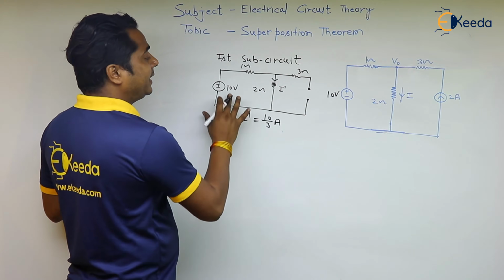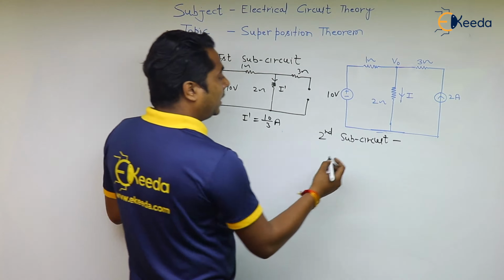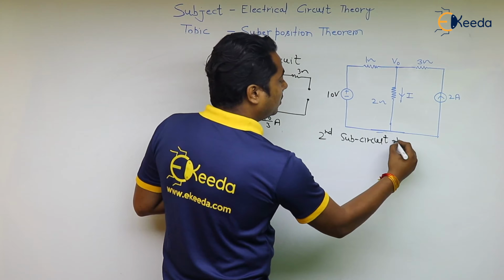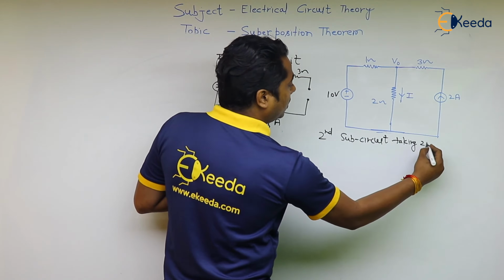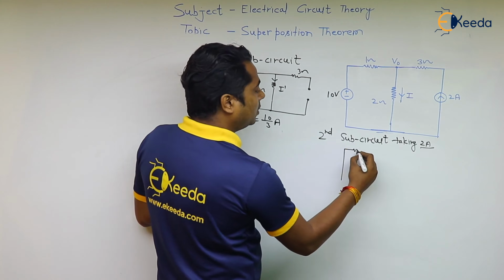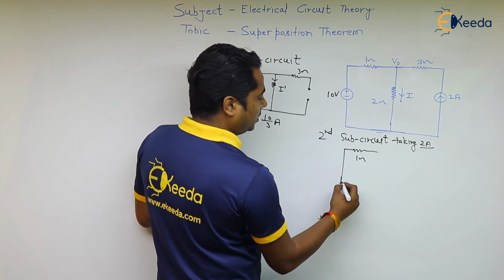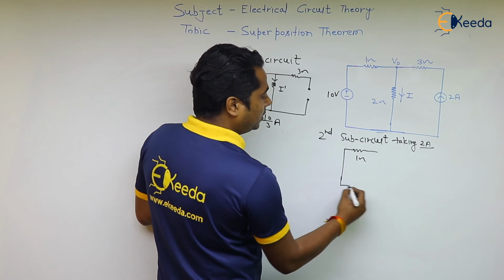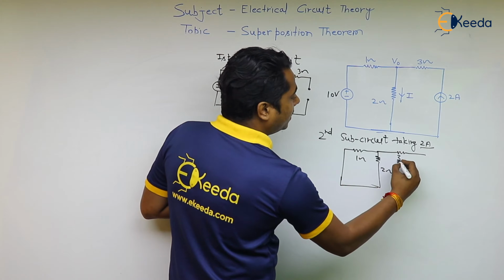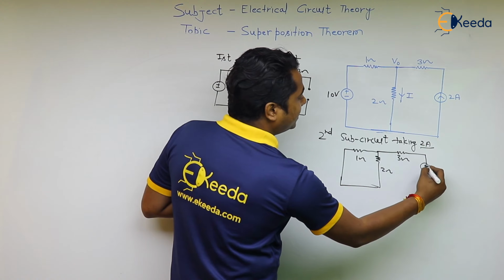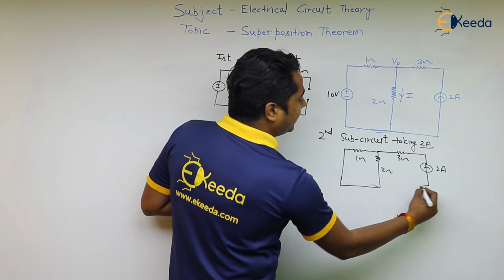Now the second sub circuit, taking the 2 ampere source. If we take the 2 ampere source, then this voltage source will be short circuited. This is 1 ohm, this is 2 ohm, this is 3 ohm, and this time we have considered the 2 ampere source.